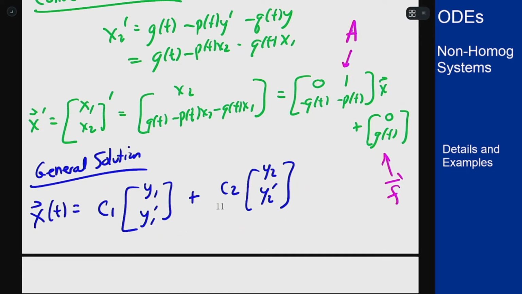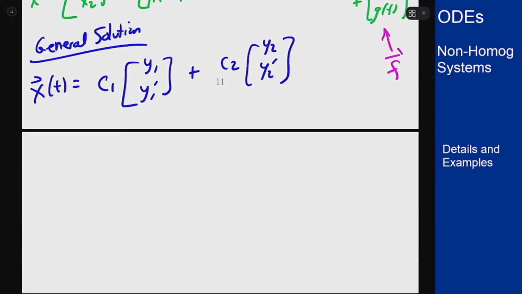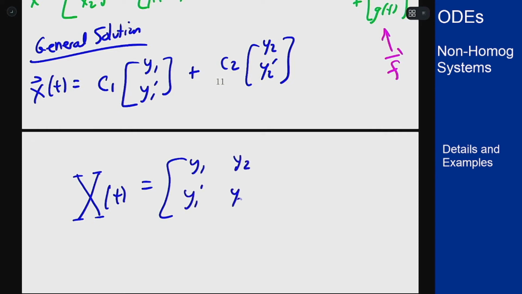Now, to use variation of parameters, I need the fundamental matrix, and that just comes from putting these two solutions side by side. My fundamental matrix X(t) is going to be y1 over y1' here, and then y2 and y2' over here.